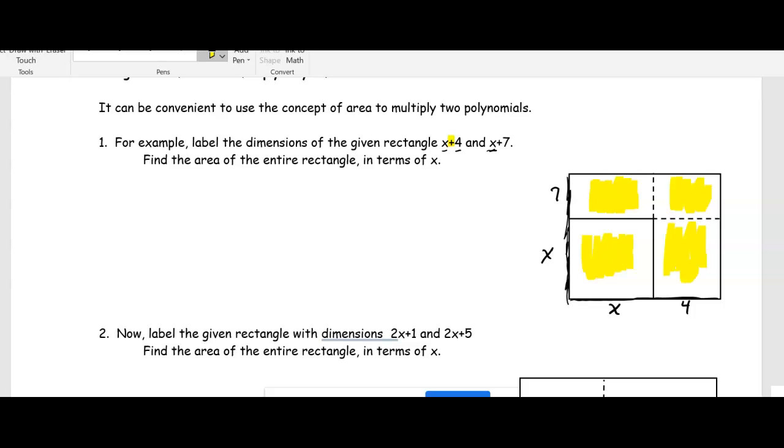Write down the 4 things we should get in those 4 rectangles. All right, let's see what we got.